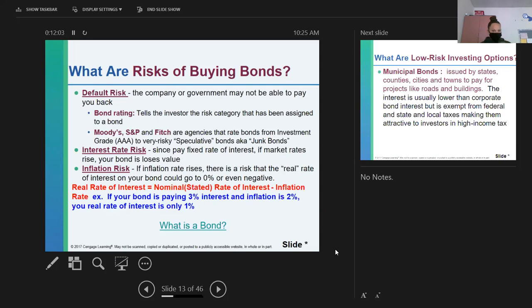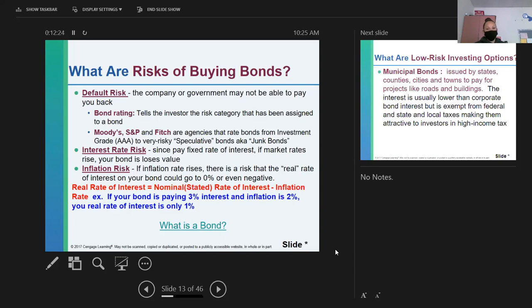So you don't necessarily need to write those agencies down. But if you are considering investing in bonds, you would want to do a little bit of research. You want to figure out their grading. Before I invest in this company, where do you think they're going to fall?